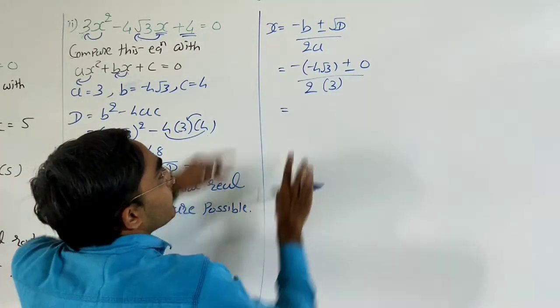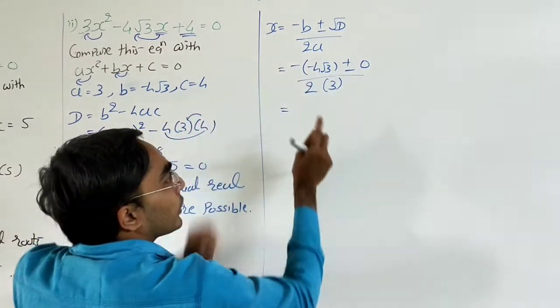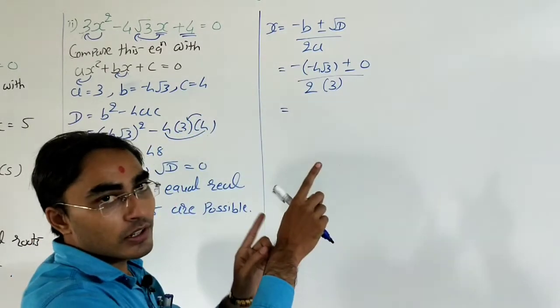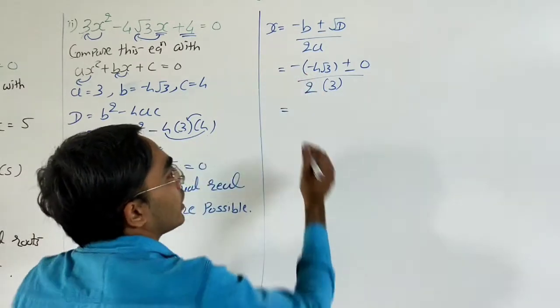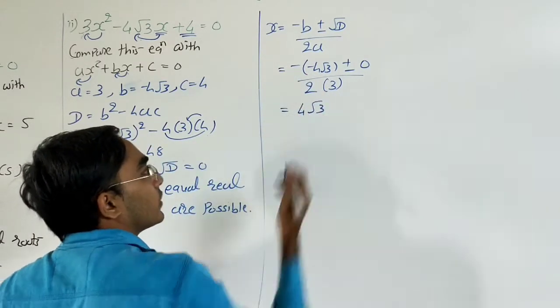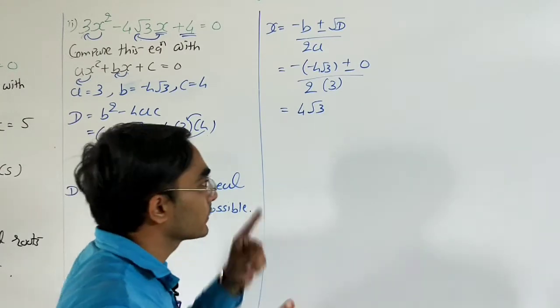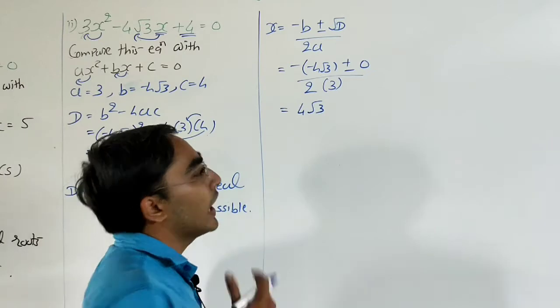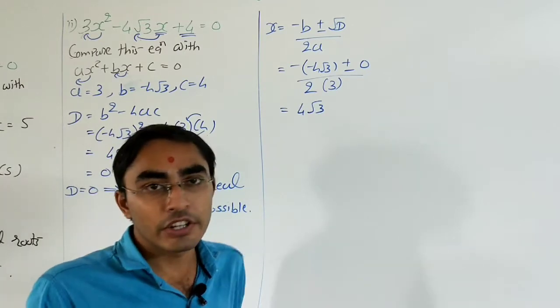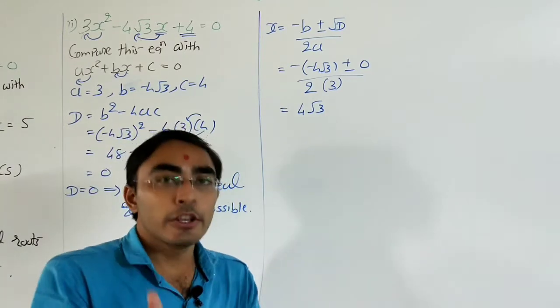Now in the numerator, minus minus becomes plus, because the bracket means multiplication. So we get plus 4 under root 3. Then plus or minus 0. If we add 0 or subtract 0, it is the same, so we can ignore it.